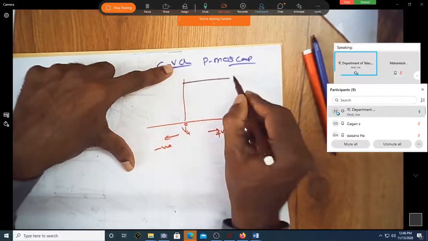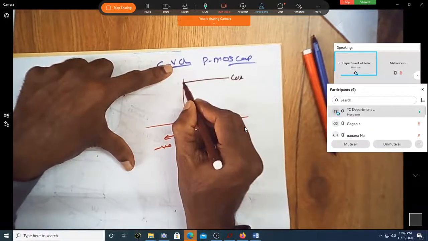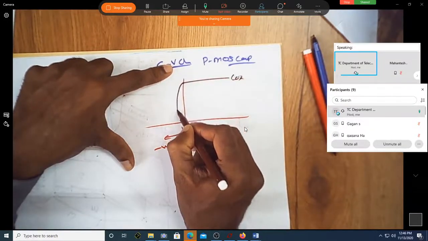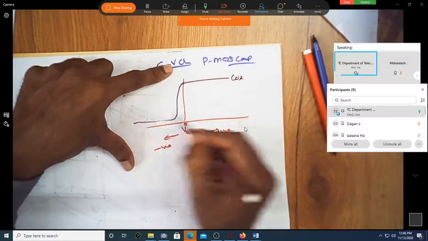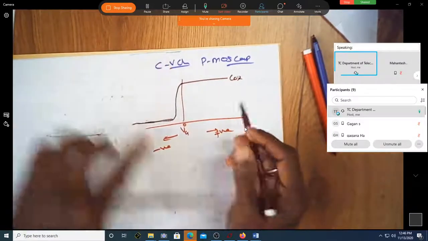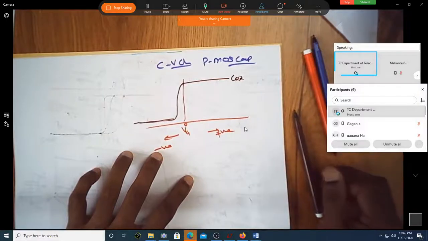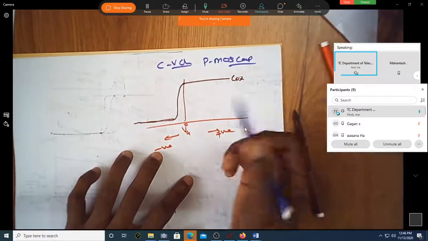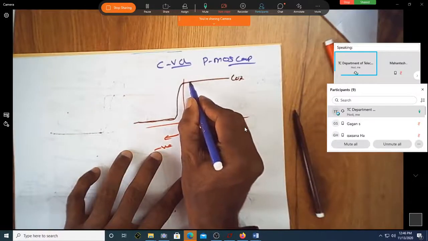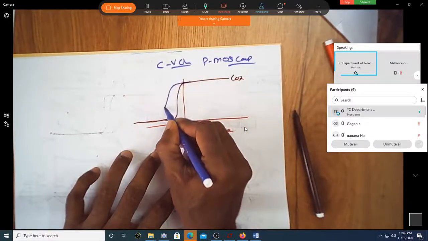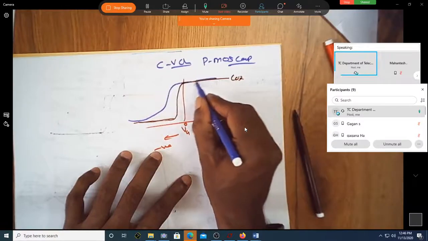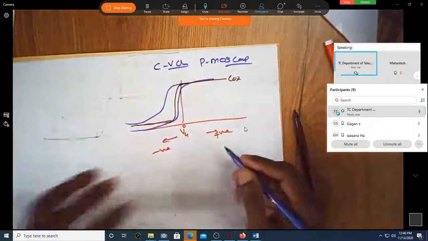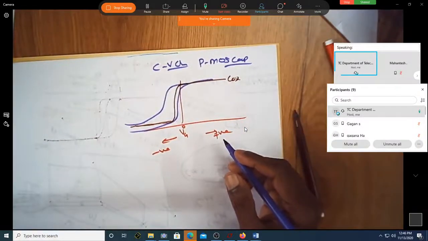Here it is Cox maximum, and then here it comes down like this, and then it goes here. Correct? Of course, depending on VFB positive or negative, it will shift either towards the right or left.